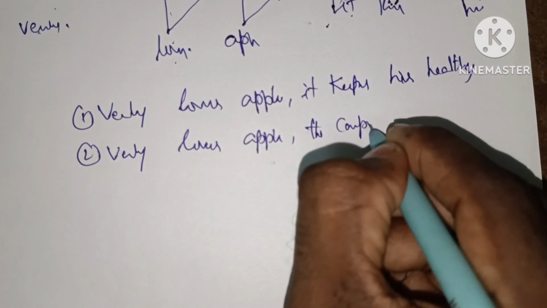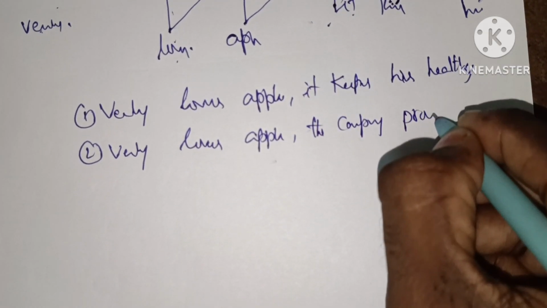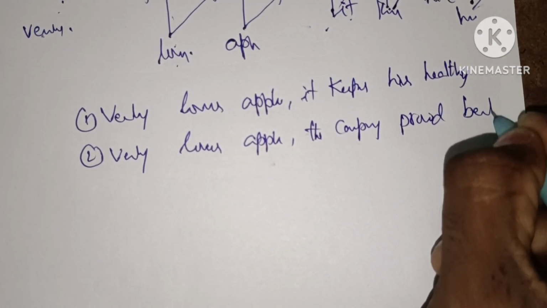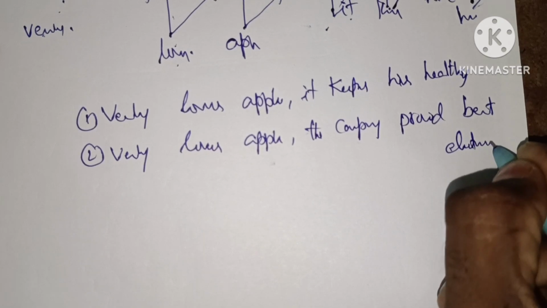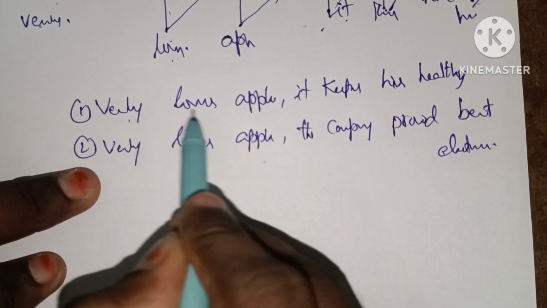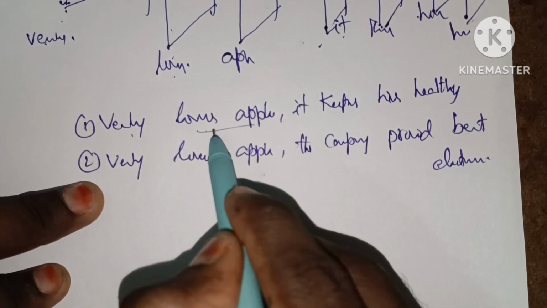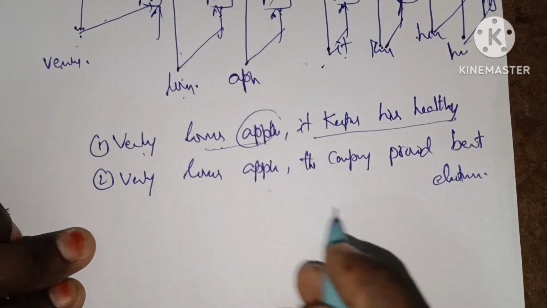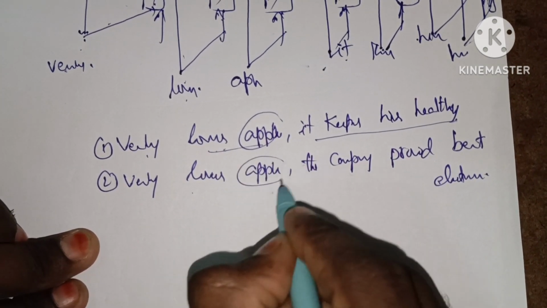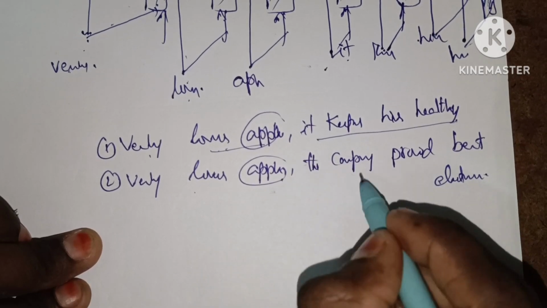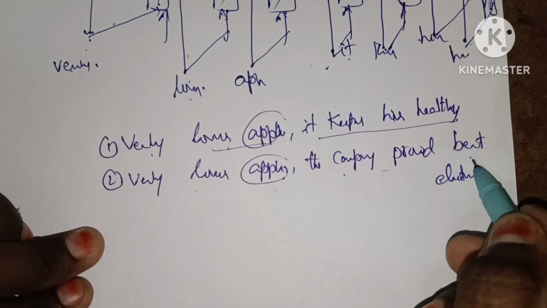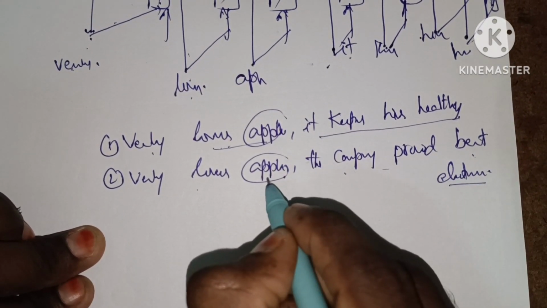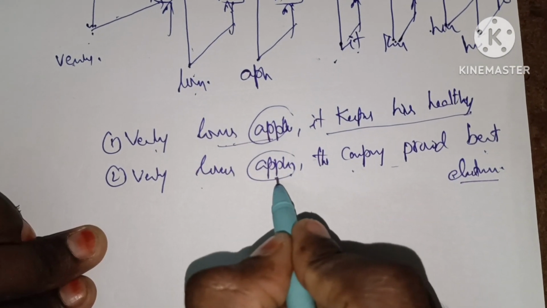The company provides the best electronic devices. So after Venki loves apple, we can read the next statement also. Then only we decide apple is a fruit. In the second statement, Venki loves apple, we read the following statement, that it is completely electronic devices. Then only we decide apple is a brand or company.